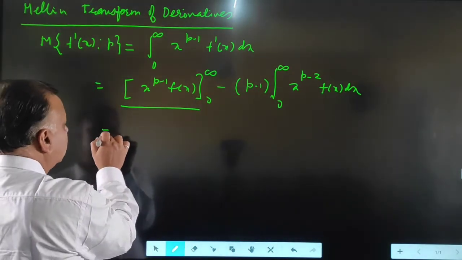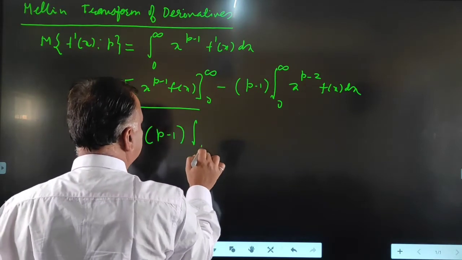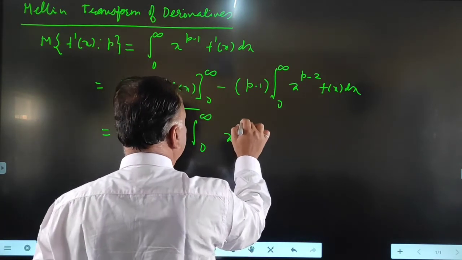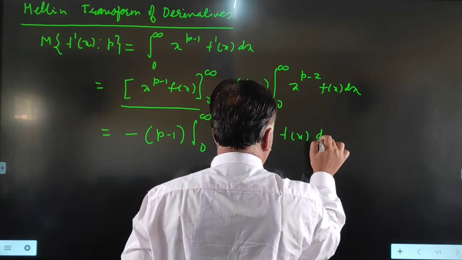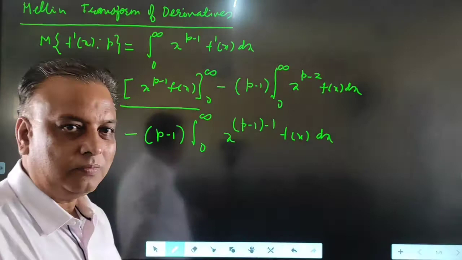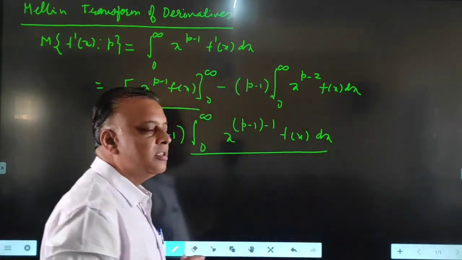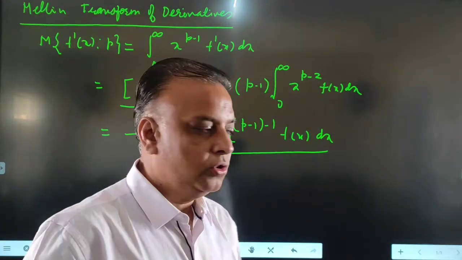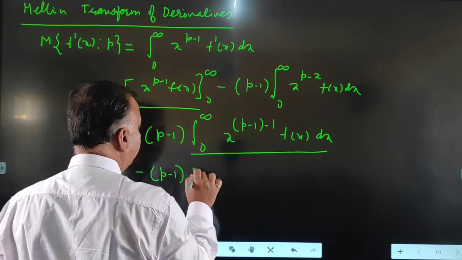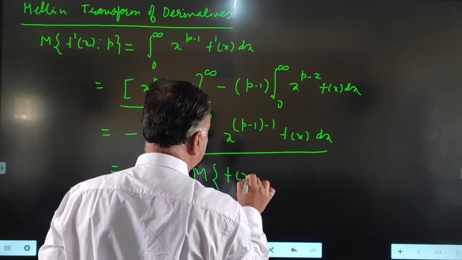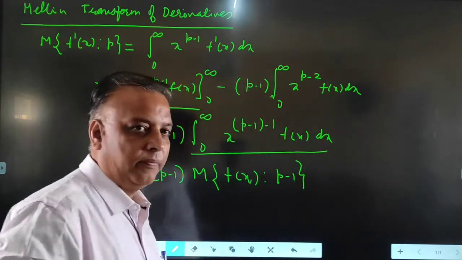So the remaining term is minus (p minus 1) times the integral from 0 to infinity of x raised to p minus 2 f(x) dx. As we know, the integral is nothing but the Mellin transform, so this equals minus (p minus 1) times the Mellin transform of the function f(x) with respect to parameter p minus 1.